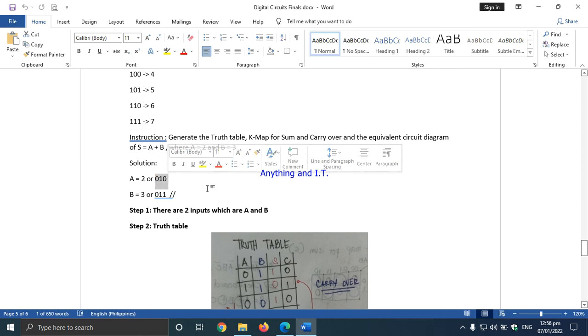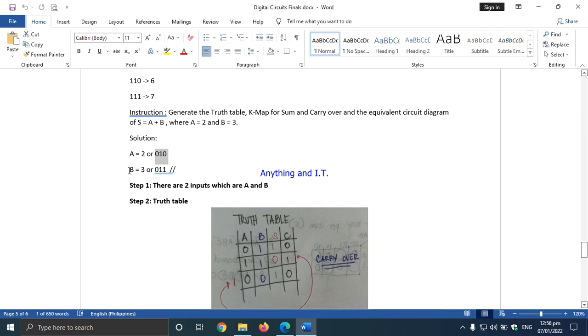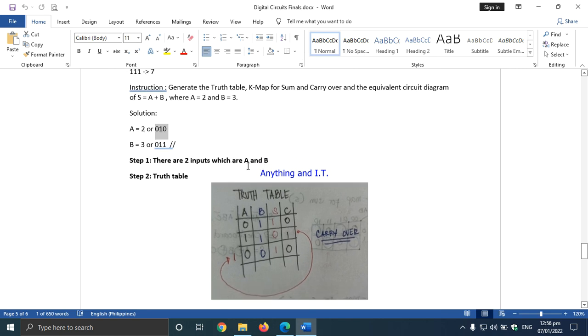So that will be 010. Yung value ni B, which is 3, into binary equivalent, that is 011. And we're going to proceed from step 1 to step 4. Okay? So step 1, determine the number of inputs and outputs. So there are 2 inputs, A and B, and there are 2 outputs, your sum and carry over.